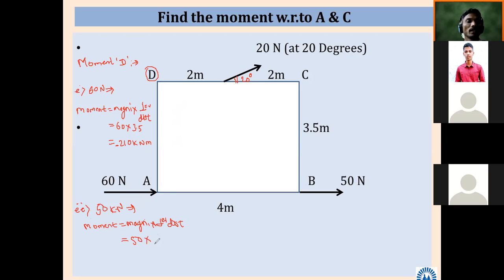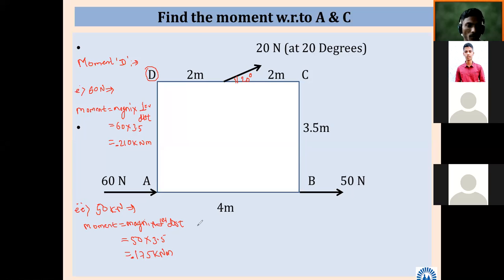You should not take the inclined distance BD or DB. What will be the perpendicular distance? 3.5 once again. 50 into 3.5 is 175 kilonewton meter. What will be the sign? Minus, negative.